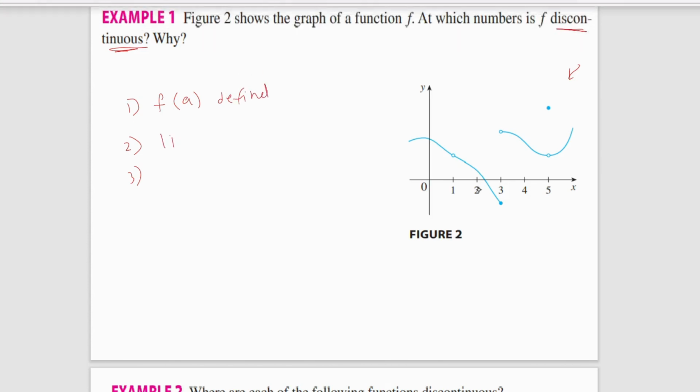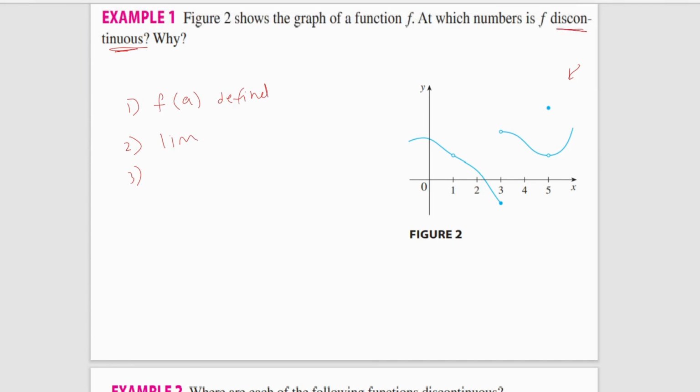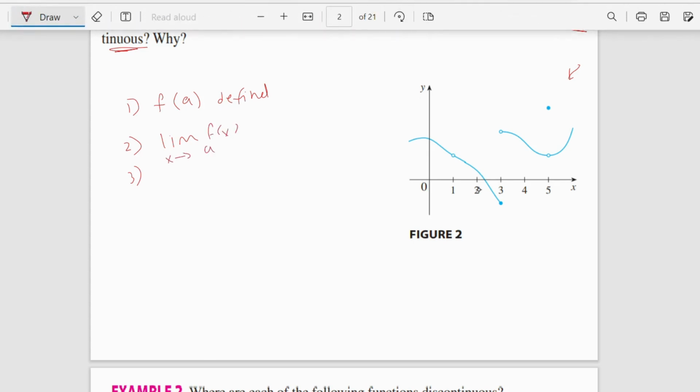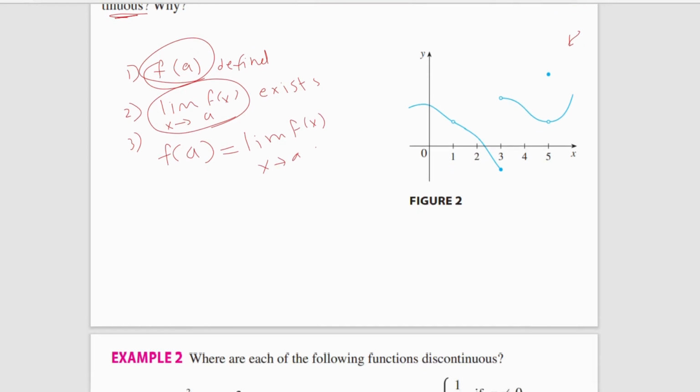The limit from the right hand side and the left hand side must exist and they are equal, which means that the limit of the function when x goes to a must exist. And finally, f of a is equal to the limit of f of x when x goes to a.